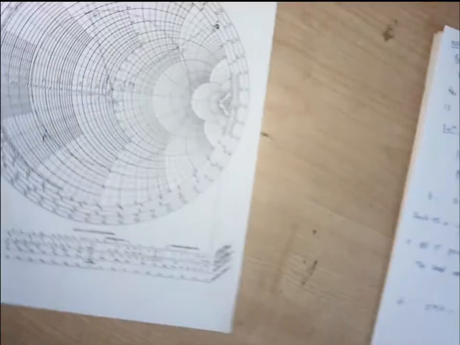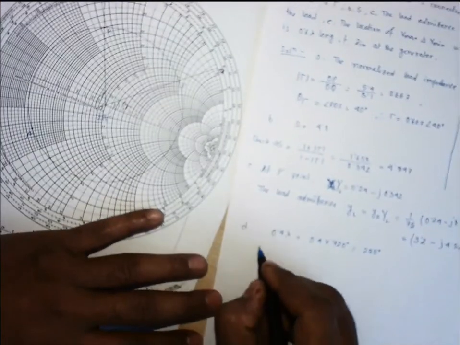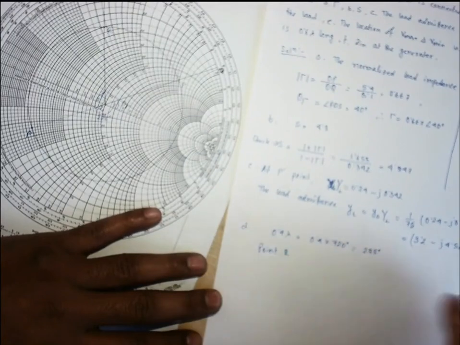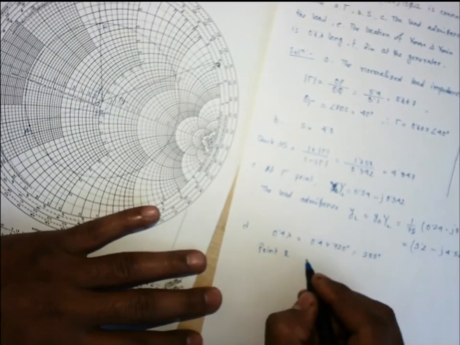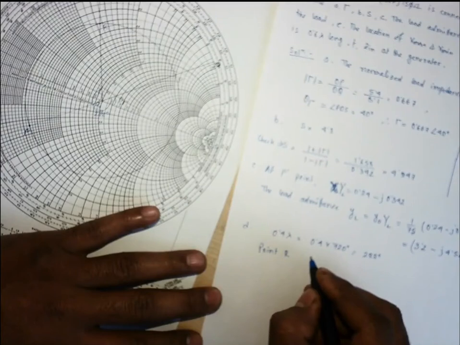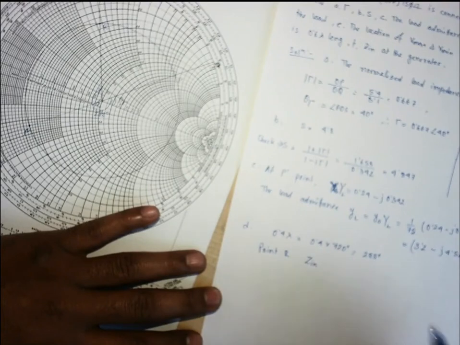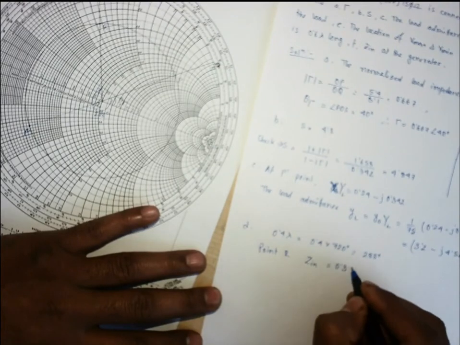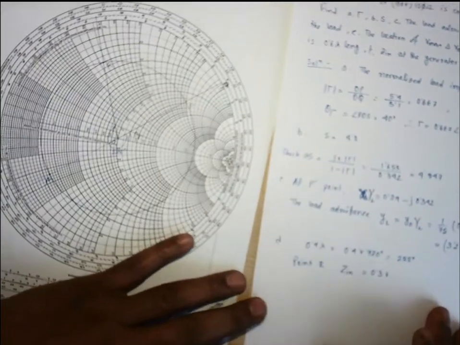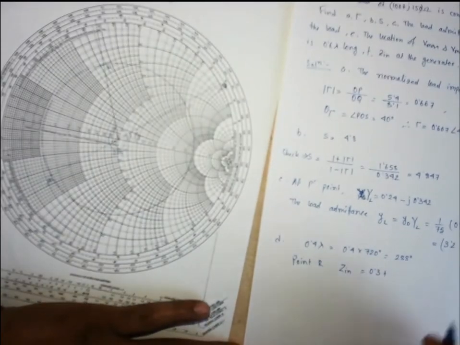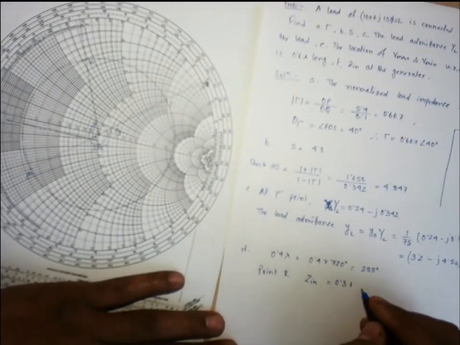So this point R, it is having the coordinates as, that will be our Z in, that is 0.3. It is above the gamma R axis. So we can say this one is plus J 0.63, right?